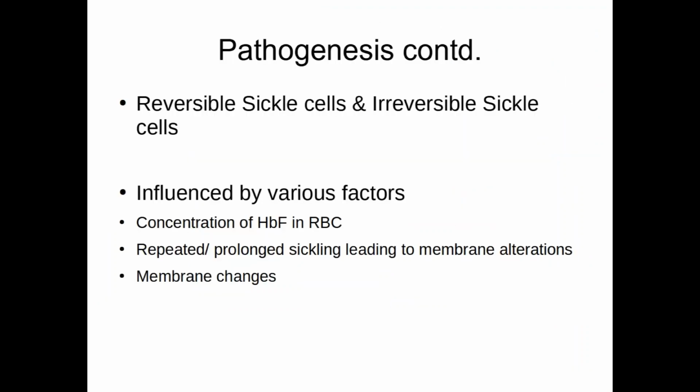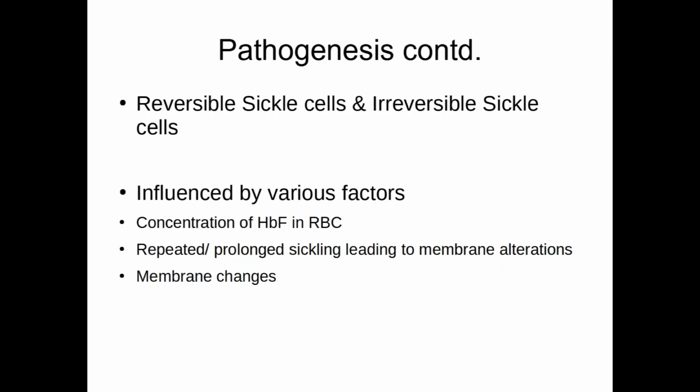Moving on, there are two types of sickle cells. The first is a reversible sickle cell, in which if oxygen supply is back to normal, the shape of the RBC will change back from a sickle into a biconcave shape. The second is an irreversible sickle cell whose shape will not turn back to normal even if deoxygenation is settled down.